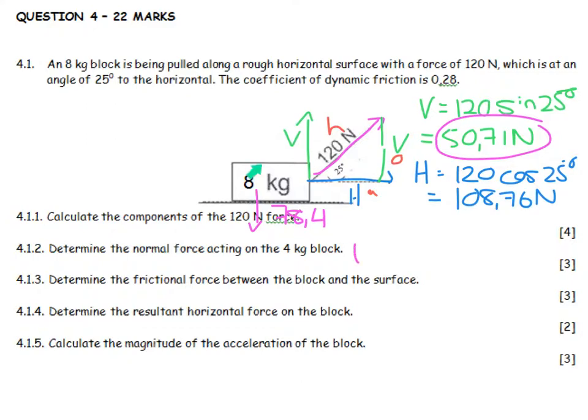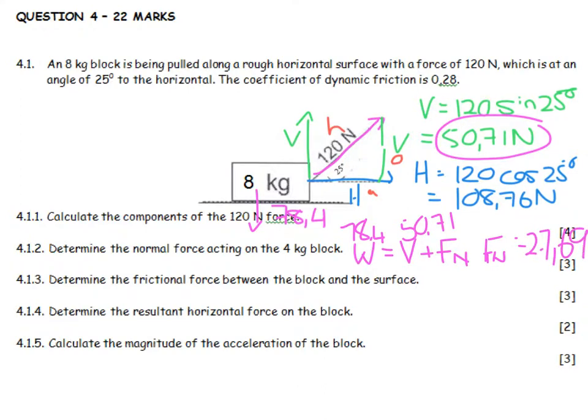this block isn't moving up or down. So therefore, we need to know that the downward force of weight is equal to the upward force of the vertical component plus the normal force. And when we substitute in 78,4 here, and we substitute in 50,71 over there, the normal force is going to turn into 27,69 newtons.